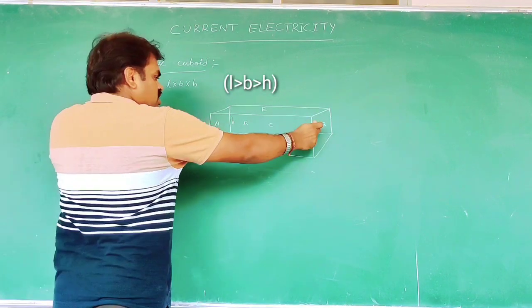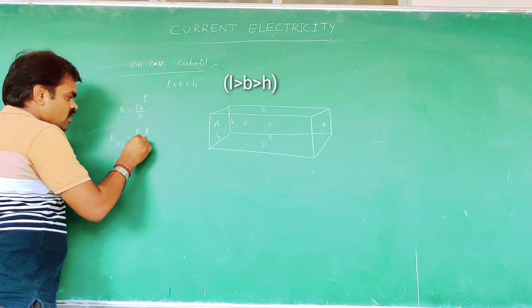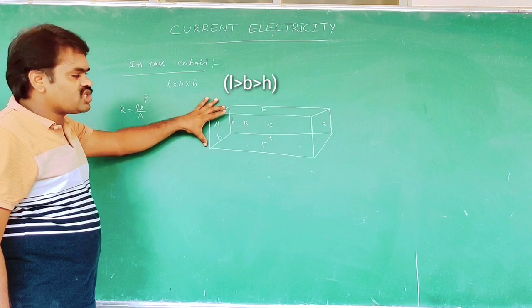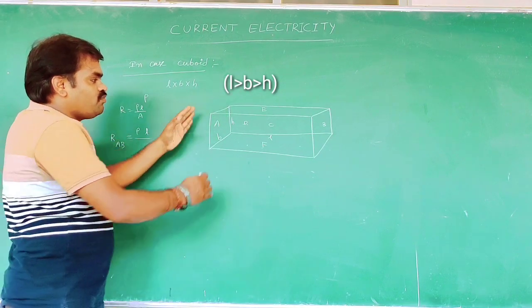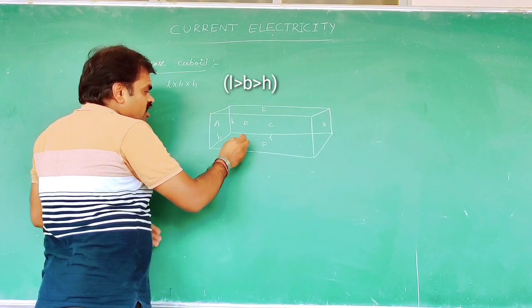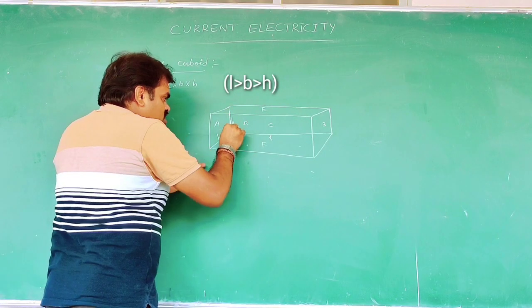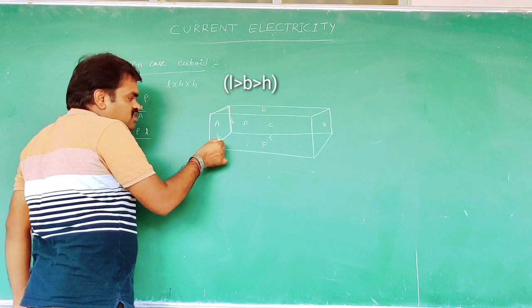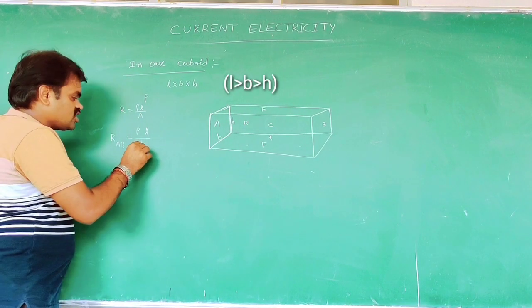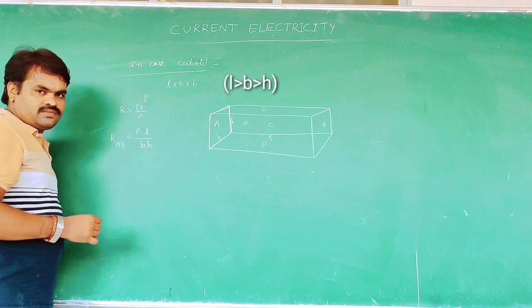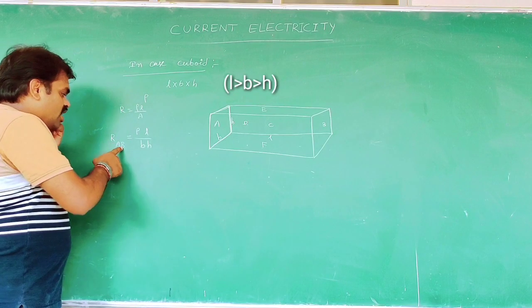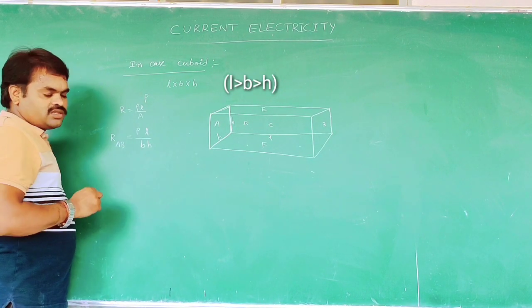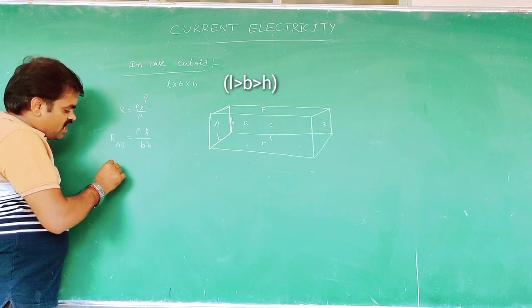The length of AB is L. What is the cross-sectional area? Here this is the length, so this must be the cross section. The cross section is B into H. The cross-sectional area is BH. For AB, the length is L and the cross section is BH. That's why the resistance of AB is rho L by BH.